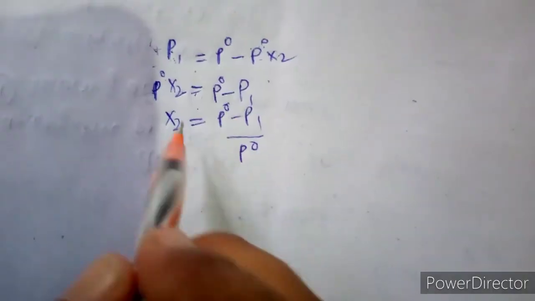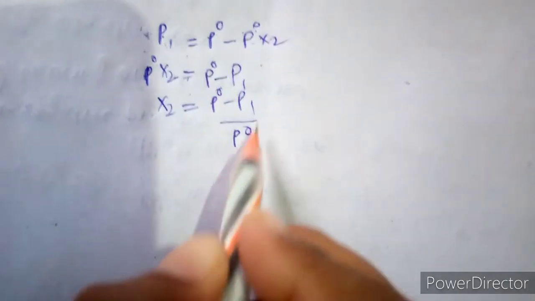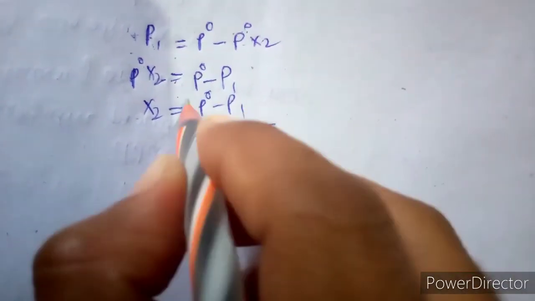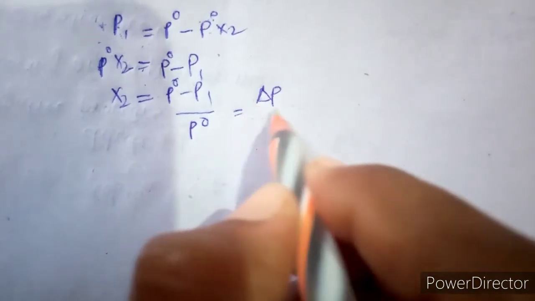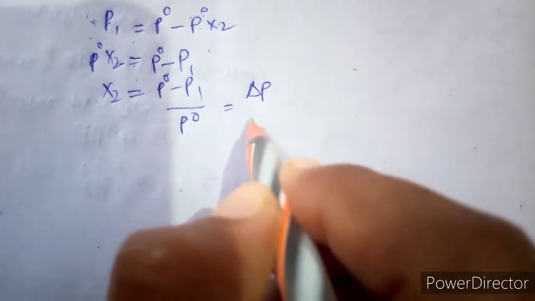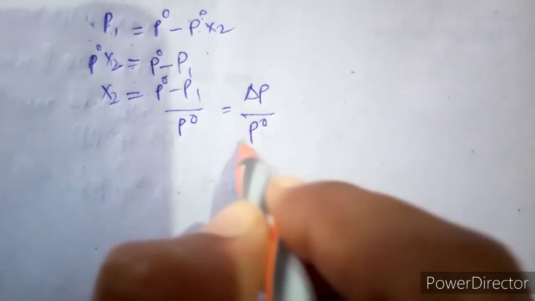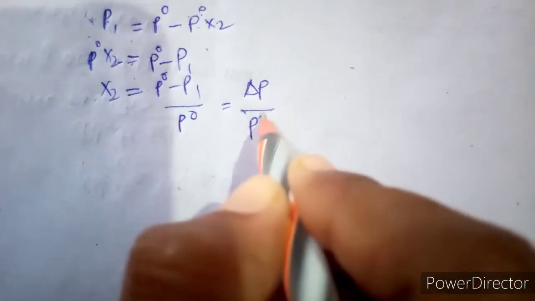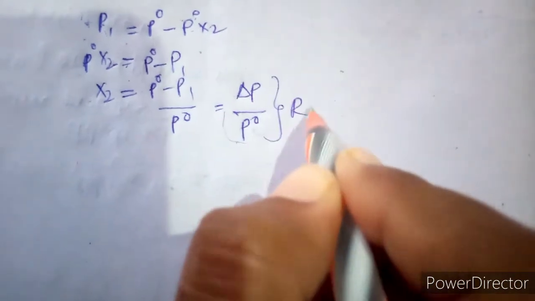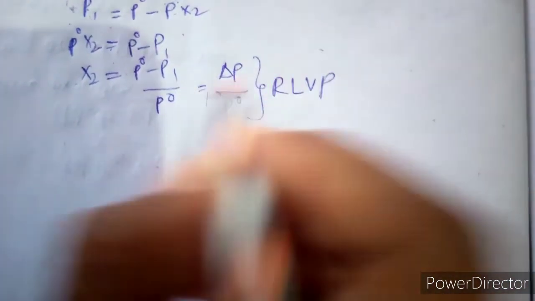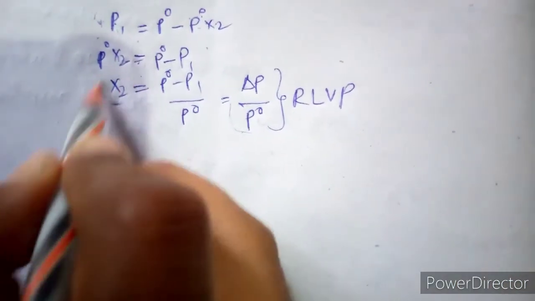This is the relation between mole fraction and relative lowering of vapor pressure. P0 minus P1 is delta P, the lowering of vapor pressure, divided by P0, the vapor pressure of pure solvent. This is called the relative lowering of vapor pressure, and X2 is the mole fraction of solute.